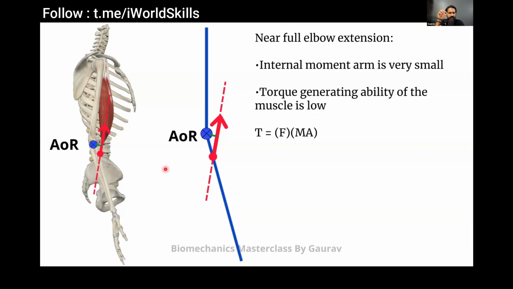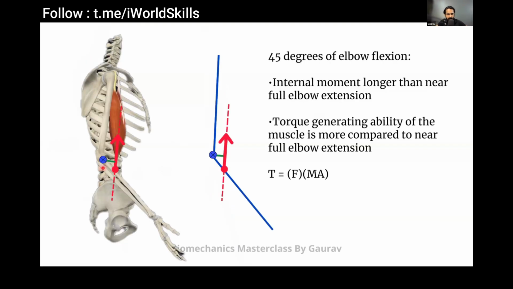Now we are going to start flexing the elbow again, and we'll see if something changes as far as the bicep muscle is concerned. When you reach 45 degrees of elbow flexion, you can clearly see this internal moment arm is now longer.